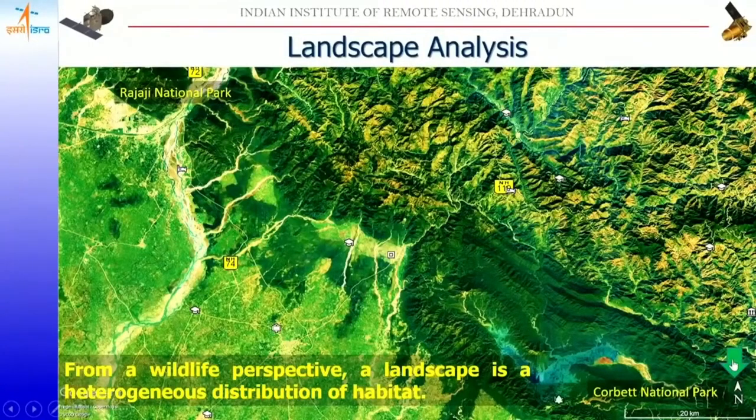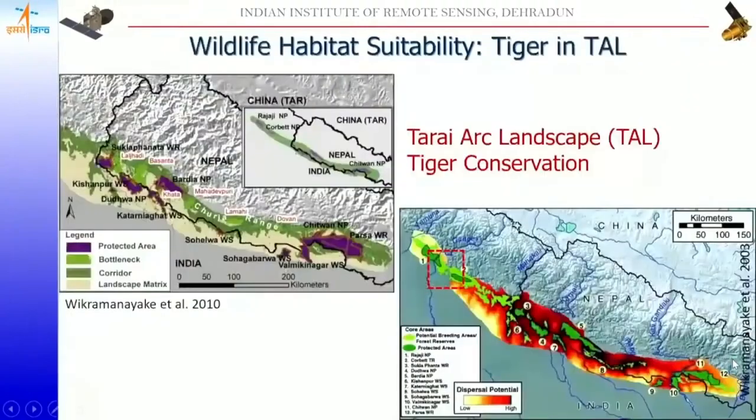So in a larger landscape, for the conservation or the assessment of biodiversity, all these parameters, starting from the forest cover, vegetation type, the fragmentation analysis, landscape matrix, actually contribute to the assessment of biodiversity or the conservation prioritization of a landscape.